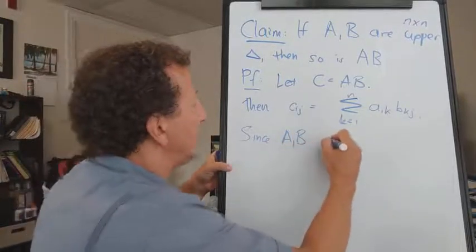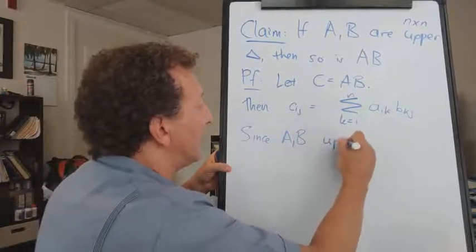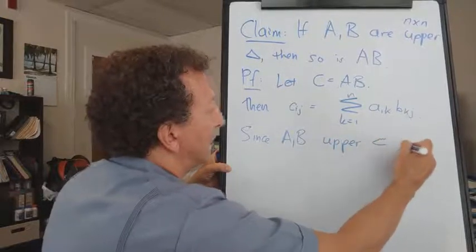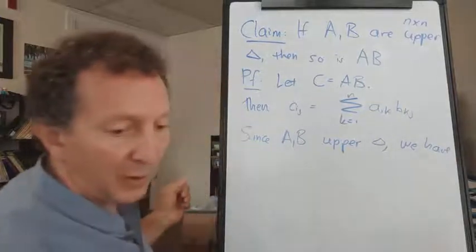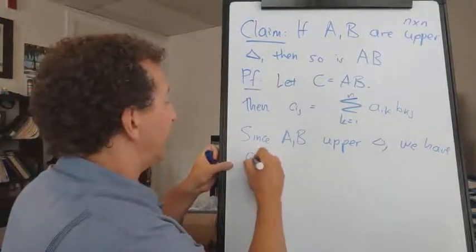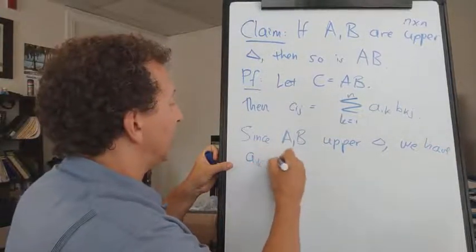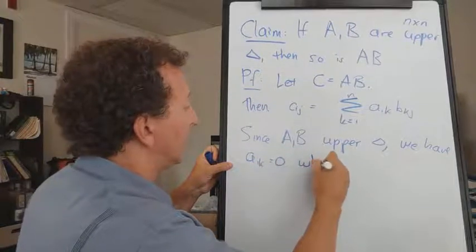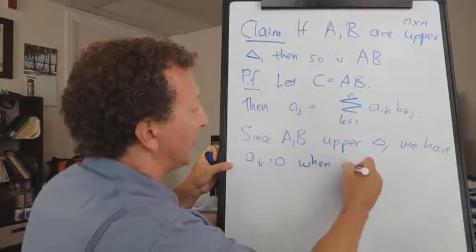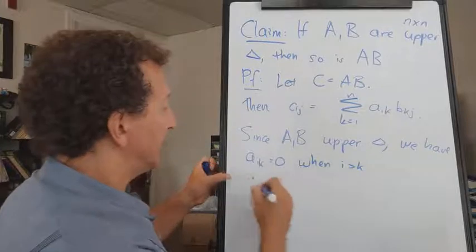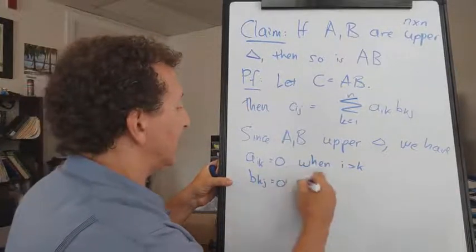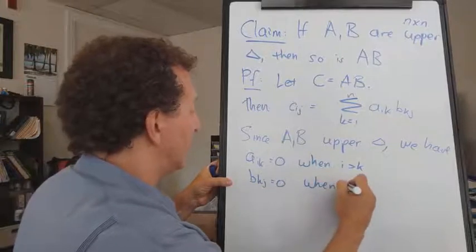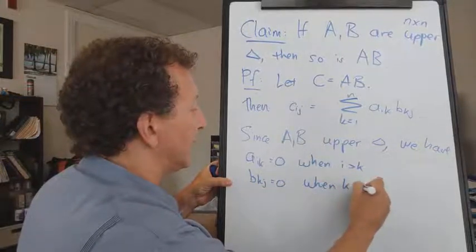Now since A and B are upper triangular, we have a_ik equals 0 when i is greater than k, and b_kj equals 0 when k is greater than j.